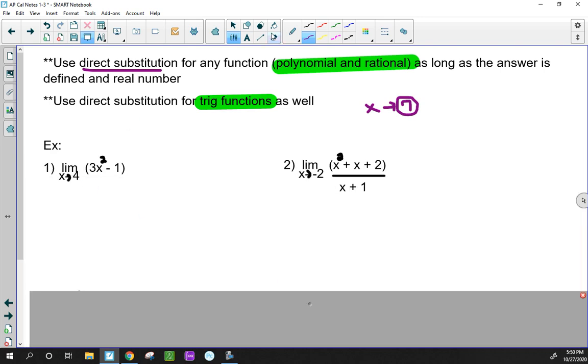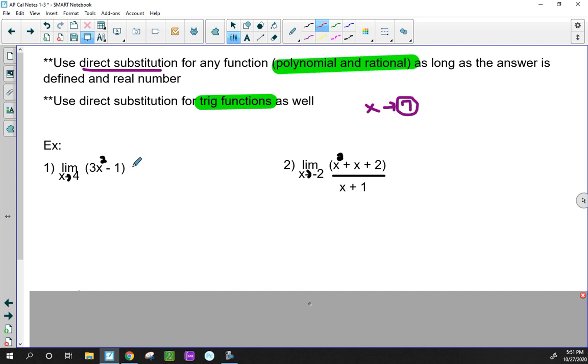We're looking at the limit of 3x squared minus 1 as x approaches 4. Yes, I could write y equals 3x squared minus 1. I could go to a graph and look at it graphically. Yes, I could go to a table and look at numbers less than 4 and bigger than 4 and then substitute in and see what all those numbers are hovering around, what they're very close to. But the direct substitution method works really, really nice.